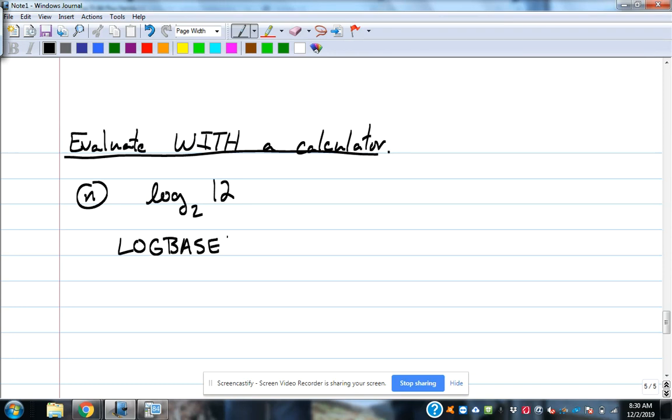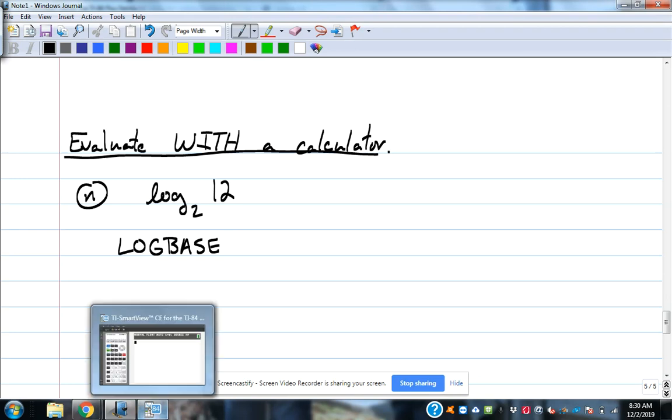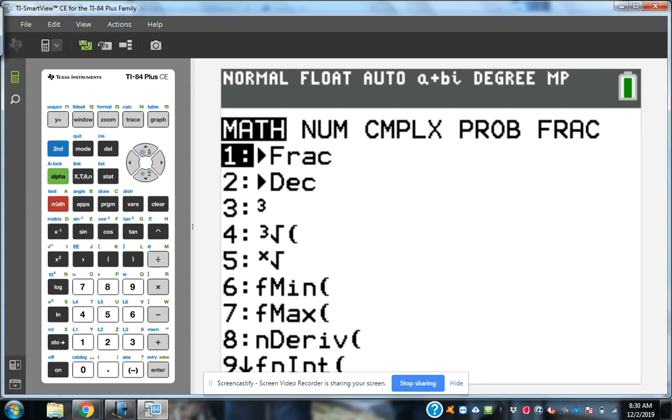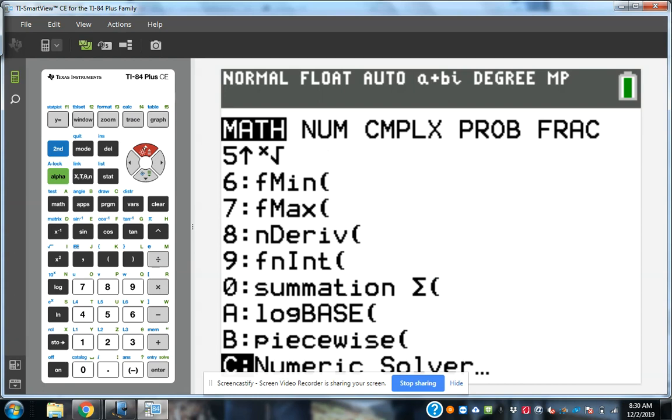tool on our calculator. All right, so log base on a calculator is found by hitting the math button and then press the up arrow, and it should be down toward the bottom there, log base.